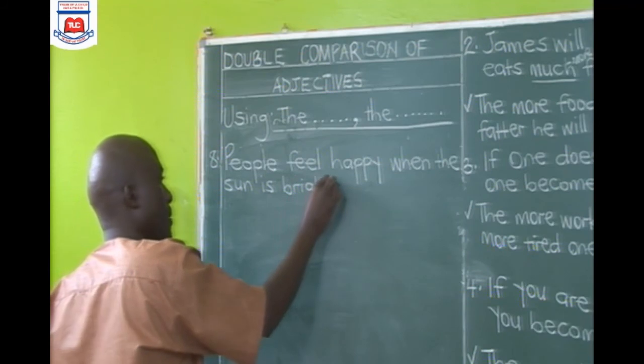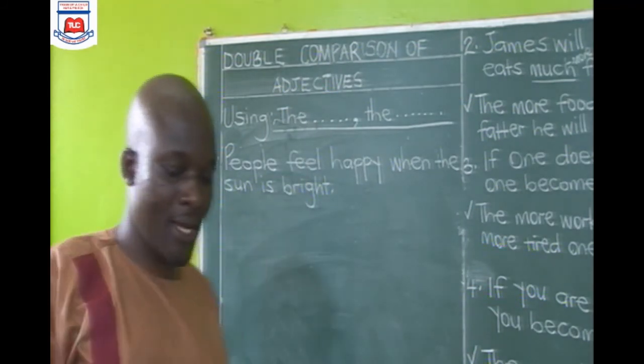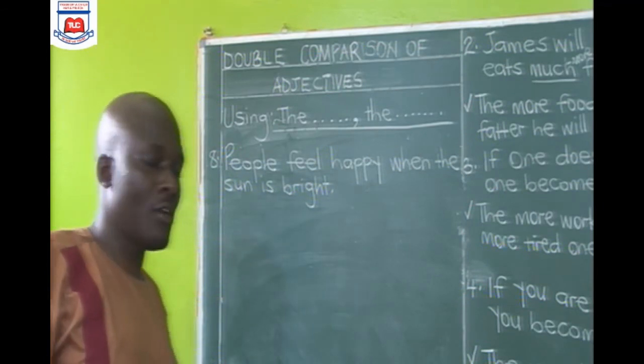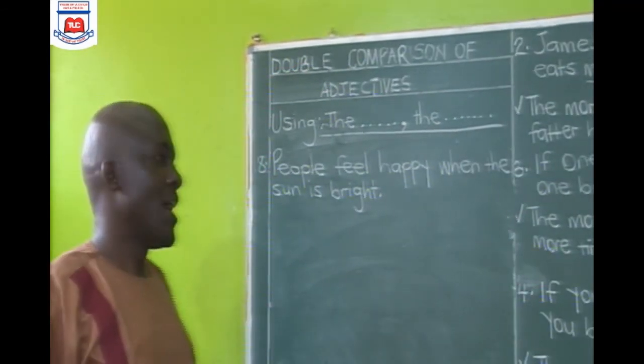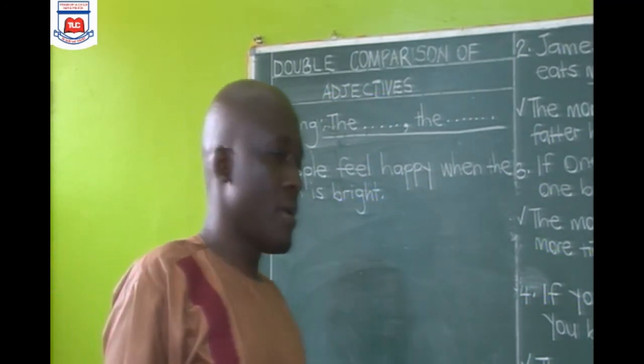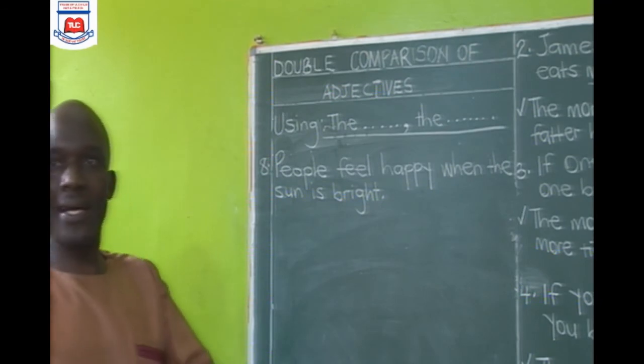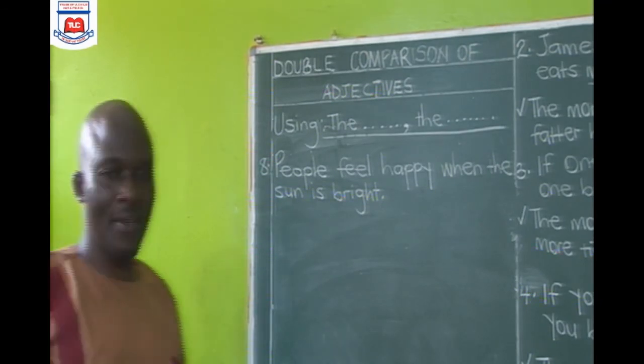People feel happy when the sun is bright. This is a privilege, by the way. Like people in Uganda, they always feel happy when the sun is bright. And even those in countries that maybe do not have much sun, when they go to those countries where they can see the sun, they feel happy.